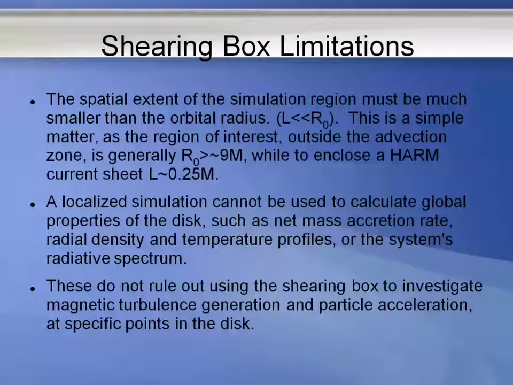And we can't calculate global properties of the disk from this simulation. That is, we can't take our HARM data, put it in here, and say that we're now getting some different accretion rate through this point. But it is useful for finding, at specific locales in the disk, what particle energization looks like through time and what the electron spectra that we get out would turn out to be.